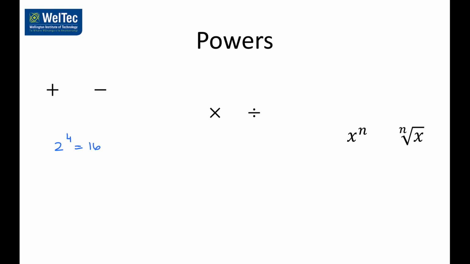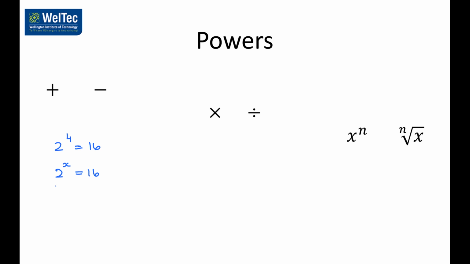So what if we went backwards? Suppose we have 2 to the power of x equals 16. Now, we know from what I've just written that 2 to the 4 equals 16, so x is equal to 4. Now, what mathematicians do is they say, well, this is a very special relationship, and this special relationship is called logarithm or logarithmic relationship.